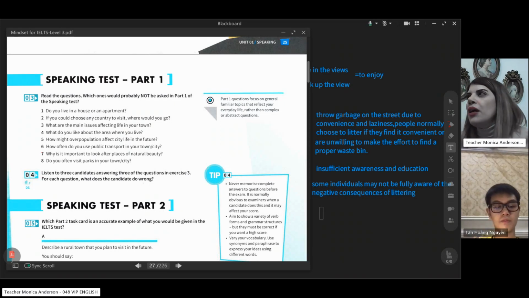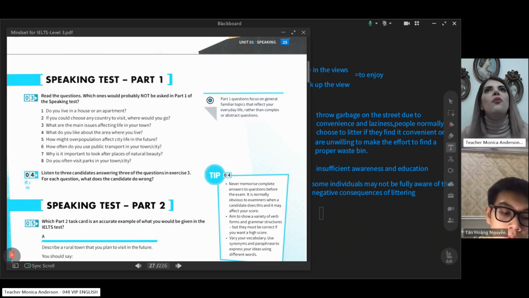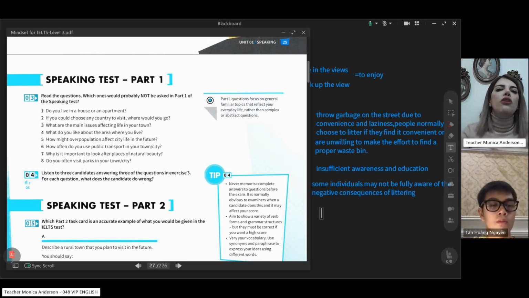So good. Well, let me give you some alternatives. Of course, they may not be related to your town, but for example, maybe you will be asked about living in town or maybe countryside, or you want to talk about somewhere really green, beautiful.